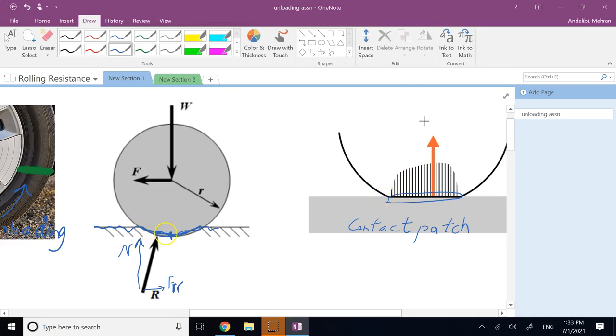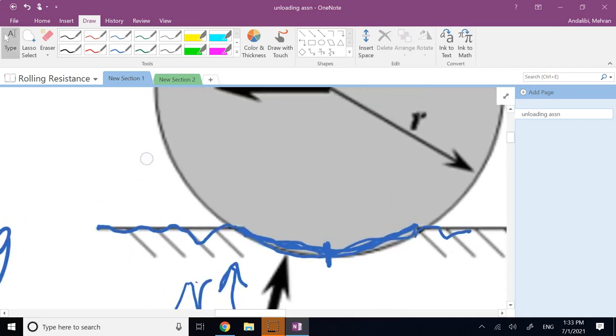Okay, and again, as I said, if you look here, maybe it's not as easy to understand why it is backwards a little bit, but if you look at, as I said, the wave type of shape of this surface, which is more realistic, if you look here at this point, there is contact, there is tangency, so it might not be as perfect as this, it might be actually something like, let me show you.